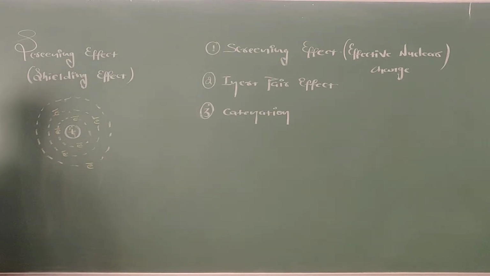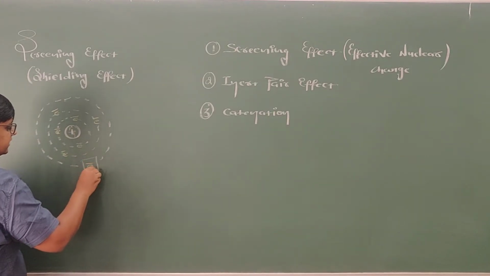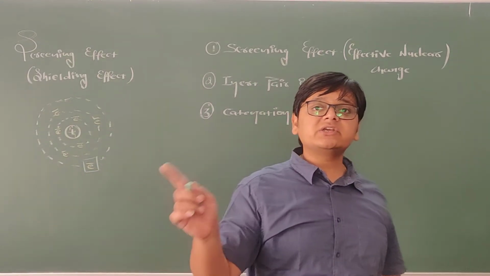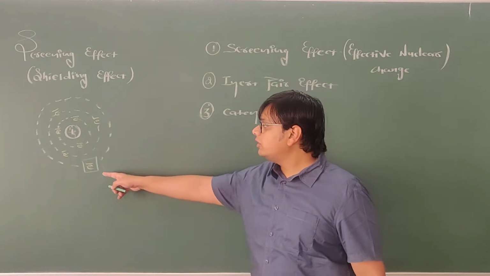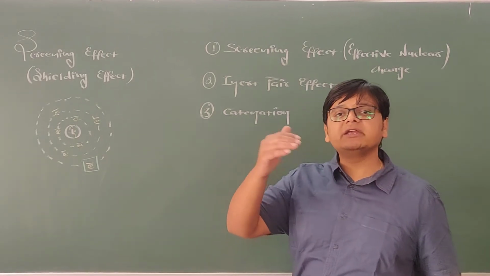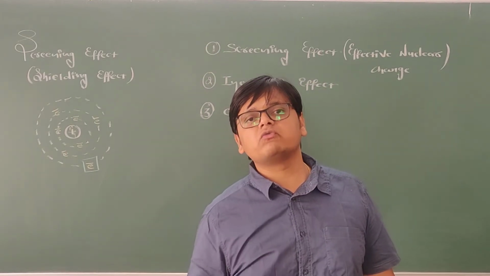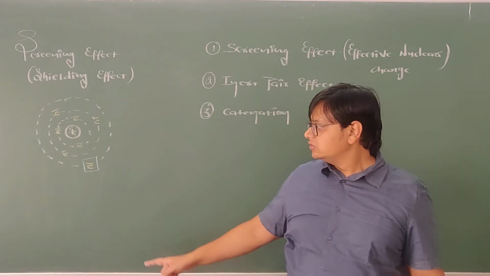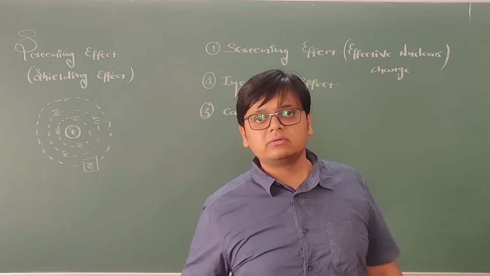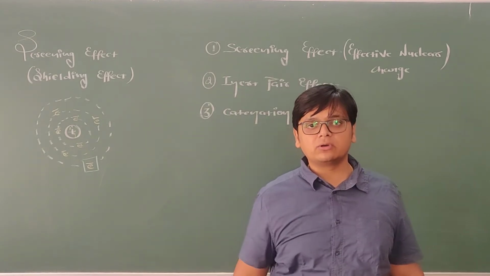When we particularly focus on the last electron, it is called the valence shell electron. Valence means outermost, the last orbit. The last orbit is also known as the valence shell. So this electron is called the valence shell electron or outermost electron.